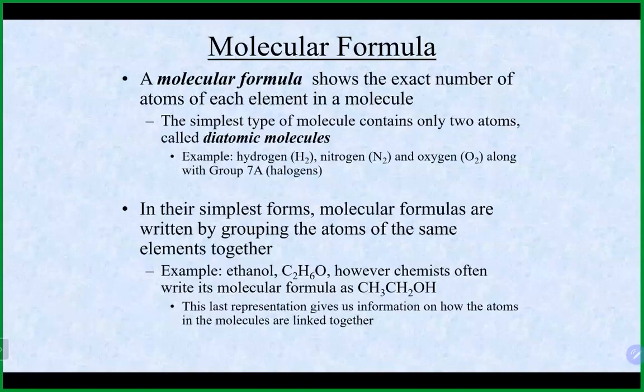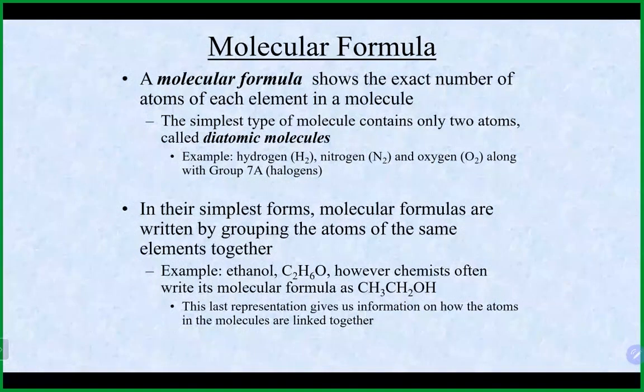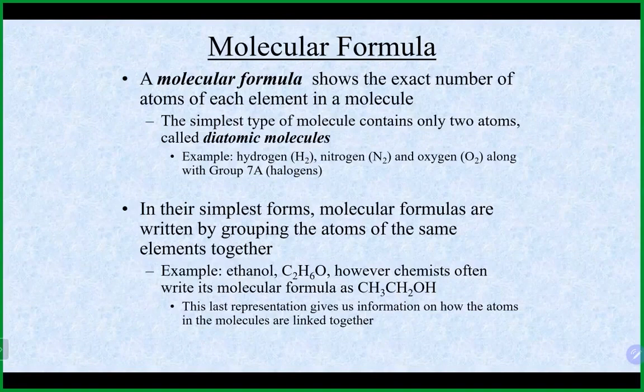And now molecular formulas can be written a variety of ways. Sometimes molecular formulas will frankly not give you any information about how everybody's connected. Just basically tells you what's there. And sometimes molecular formulas will give you some information about how things are connected to each other.